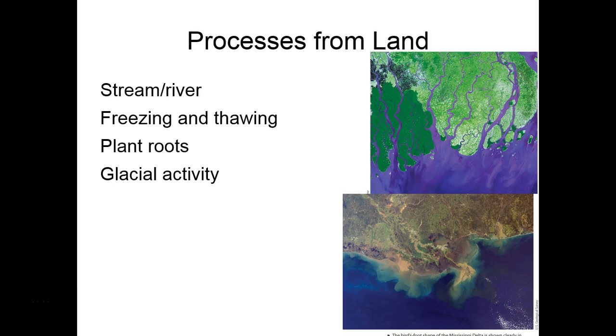And then glacial activity will also contribute to this, right? If you have glaciers, that means you have very heavy ice on the land, and that will actually cause the land to subside or go down, which means that the sea level would actually be higher in comparison.